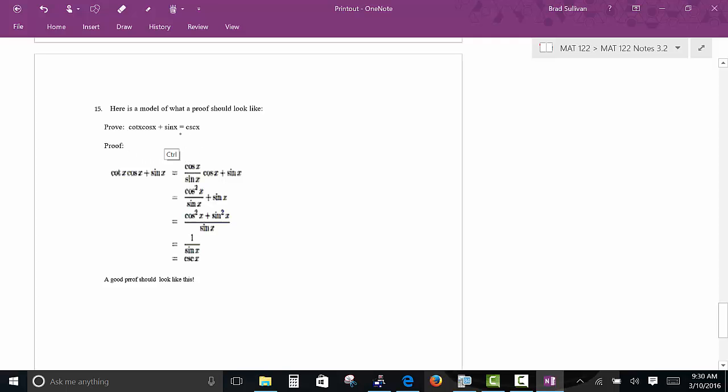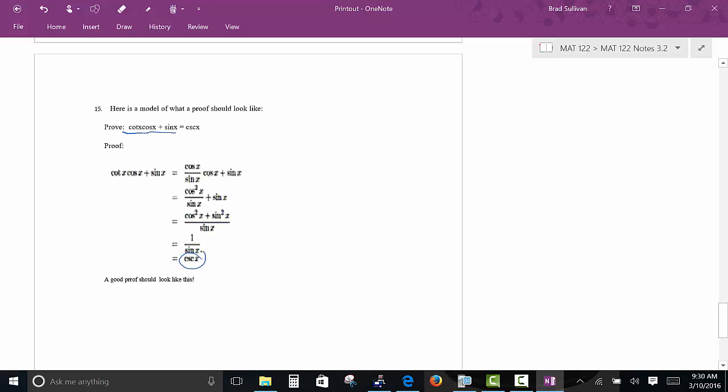You're trying to prove that these two sides of this equation are equal. So typically you write down the side that you think is the most complex, the one that has the most stuff on it. So clearly the left side is more difficult than the right side. So you write it down, and you just keep substituting equals for equals, and eventually your goal is to hit the other side.